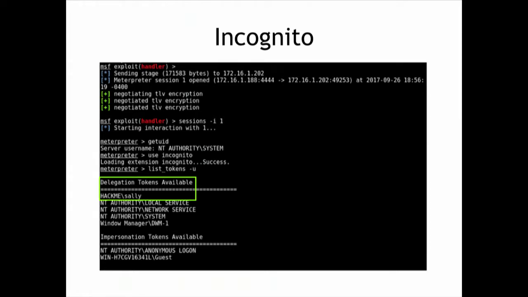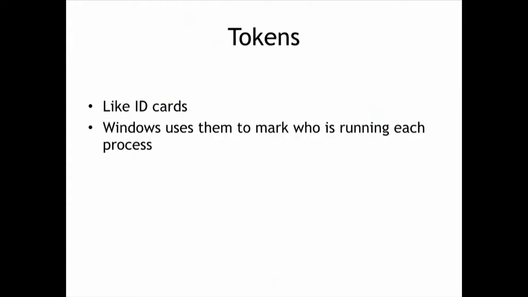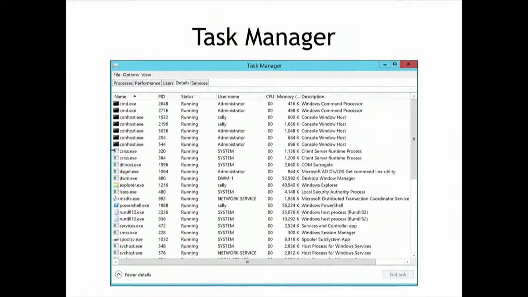And what tokens are, if you just open Task Manager on a Windows machine, you'll see processes and you'll see who owns them. So here's a process owned by SYSTEM, rundll32. This is something launched by the system itself during the boot up usually. So it ran before anyone logged in, so it's running as SYSTEM. Here's a network service account running. Here's Sally who's logged in running some things.